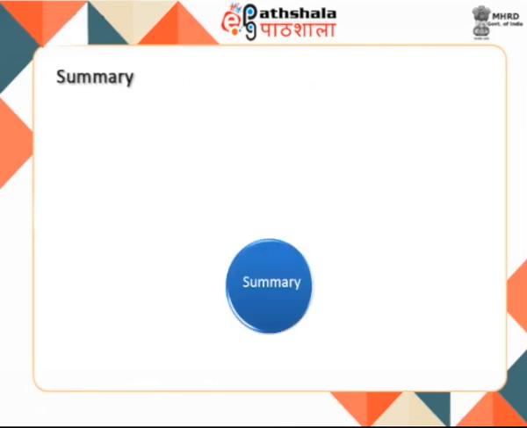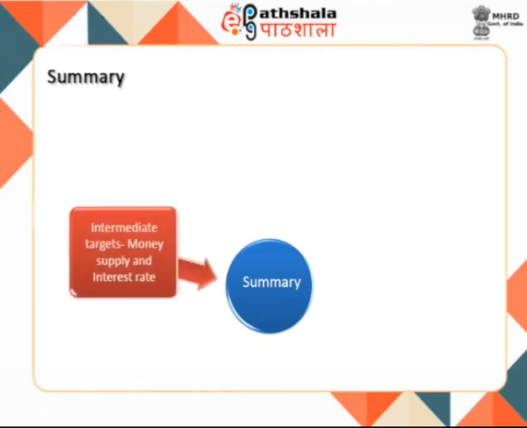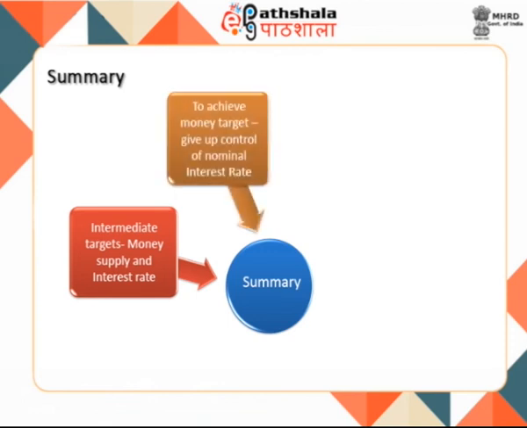In this module, we have looked at various important intermediate targets generally used by the RBI, that is, money stock and interest rates. We have found that the target of an intermediate money target can be achieved only if the RBI gives up control of the nominal interest rate.